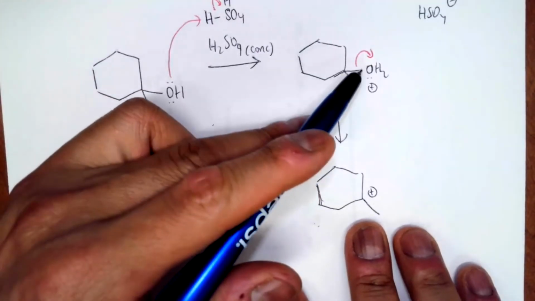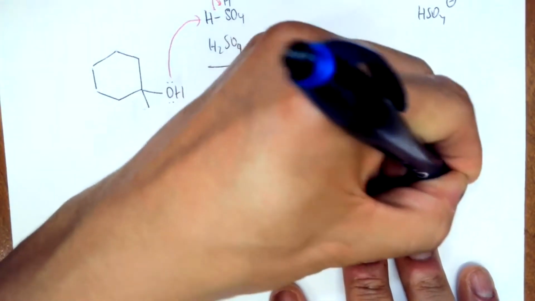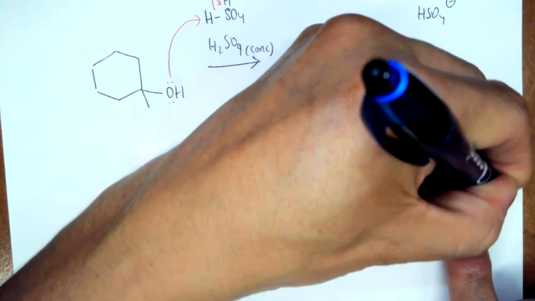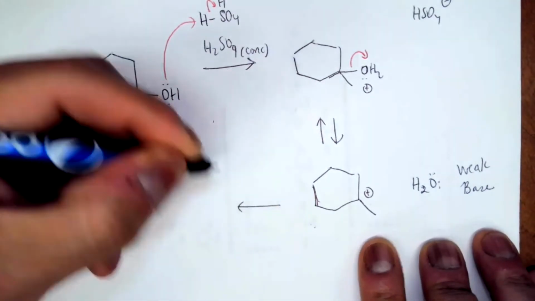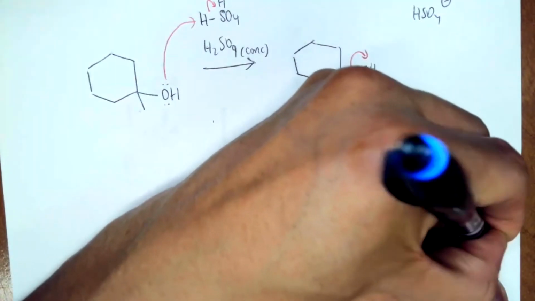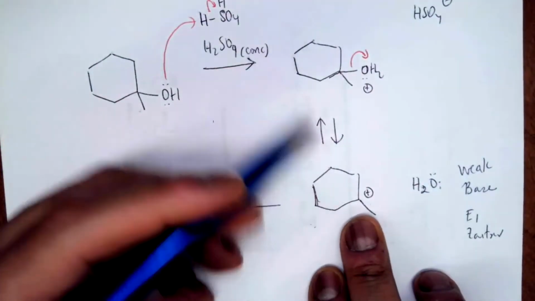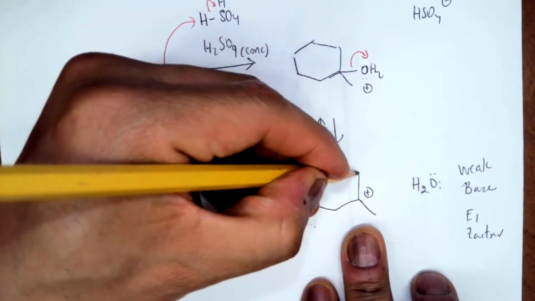Well, the same water that left is a weak base, right? Remember, guys? If it's a weak base, that means it's going to do an E1 reaction. E1 Zaitsev. What are my Zaitsev beta hydrogens?